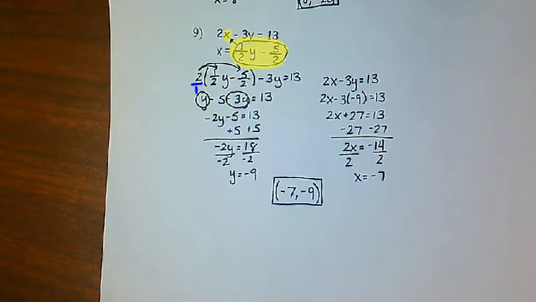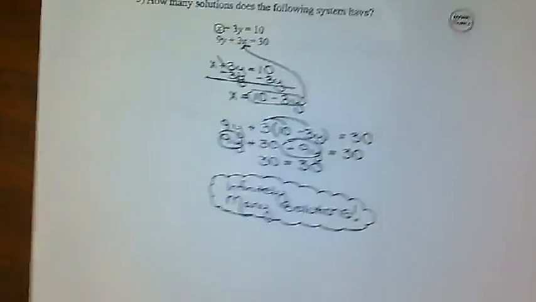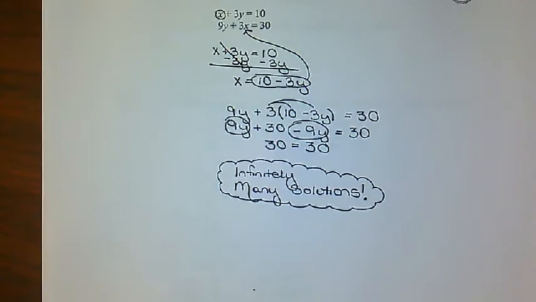Okay, so the last thing that I wanted to talk about, and I'm going to refer back to one of your other examples. Let me just find it. Okay, so right here, this example, I told you that if you get something where 30 equals 30 or 0 equals 0 or one is equal to the other, that's called infinitely many solutions.